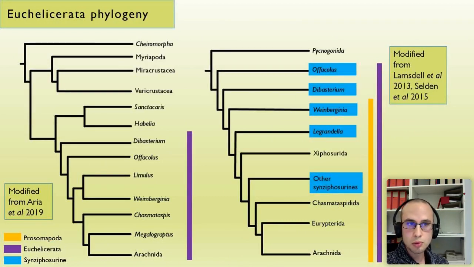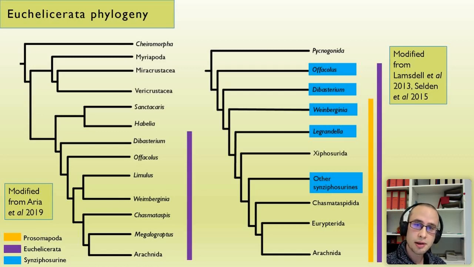Having a look at their phylogeny, on the left tree you have a broader-scale phylogeny, which also includes other arthropod taxa, and you can see in this phylogeny that they recovered Offacolus and Sanctacaris from the Cambrian as sister taxa to the Euchelicerata.